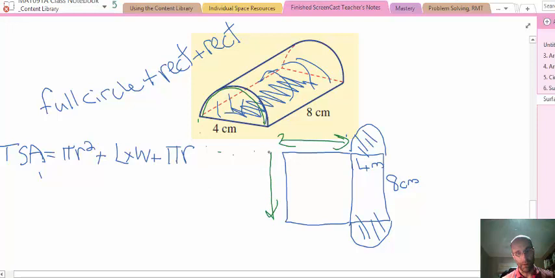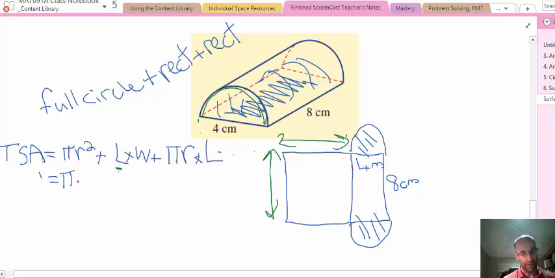And of course we've got the other part of the rectangle as that distance there. You'll notice that it's the same as the 8 centimeters. So we could call that length because we called it length before. Times length.